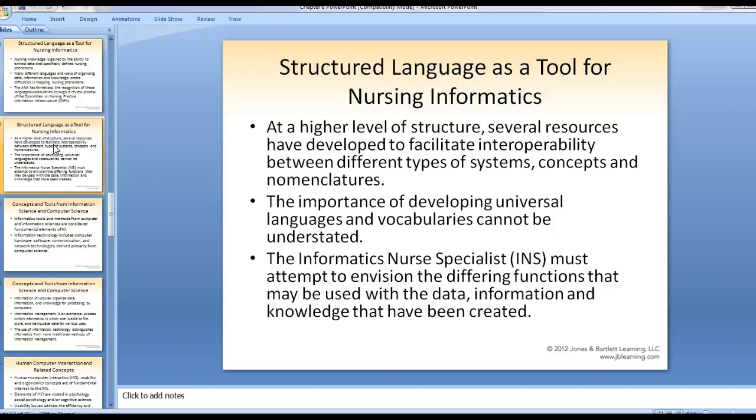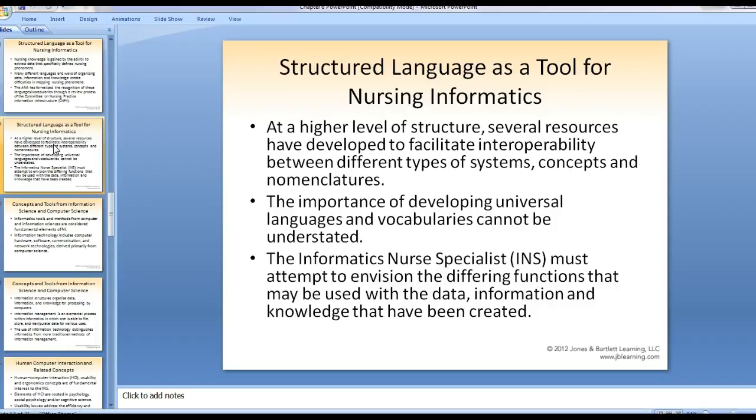So at a higher level of structure, several resources have developed to facilitate the interoperability between different types of systems, concepts, and nomenclatures. Meaning, okay, you're a travel nurse. You worked with Epic, now you're working with Centricity. Then after that, you're going to NextGen. You need to know how to be able to pick up on these EMR systems based on very similar systems, concepts, and nomenclatures.